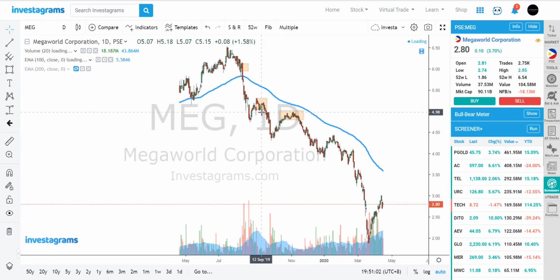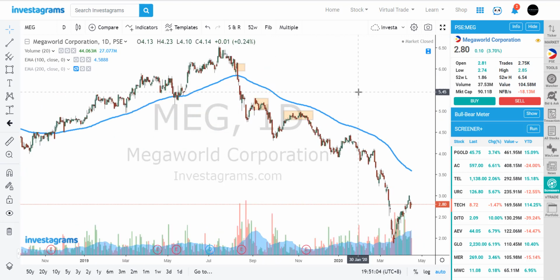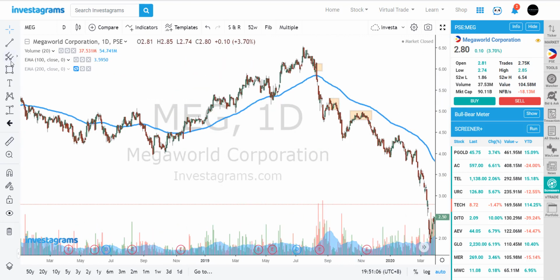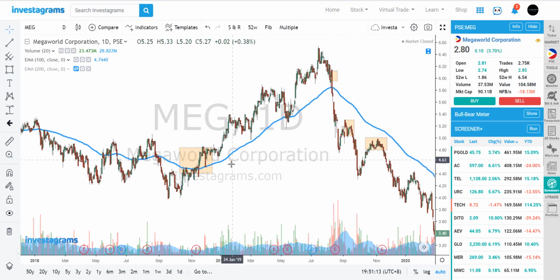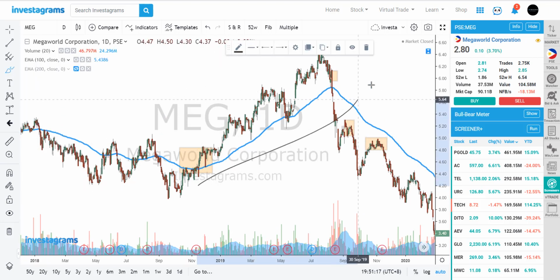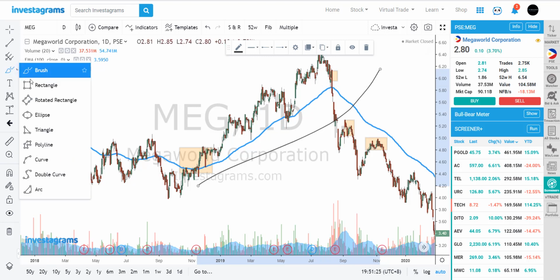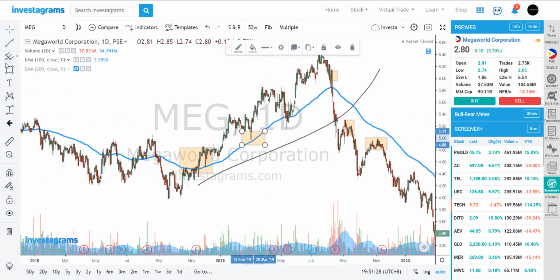Mainly, if you look at stocks at major turning points, when they have these turnarounds above or below the 100-day EMA, trends can have major shifts, like here. When Mega World went up above the 100-day EMA, we had that good rally. And then the 100-day EMA provides strong support as well, right?